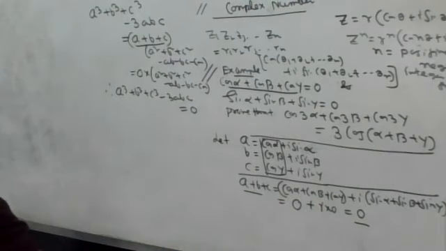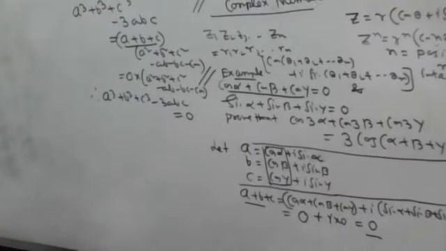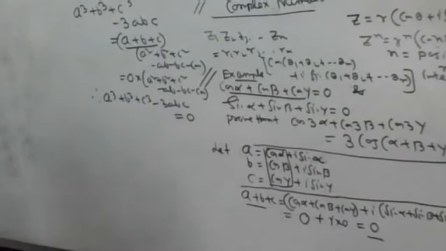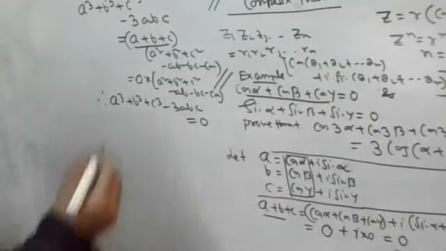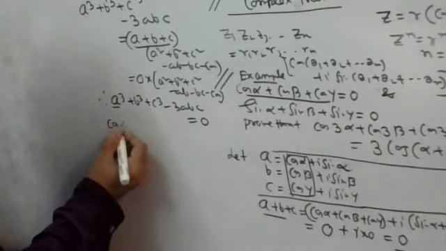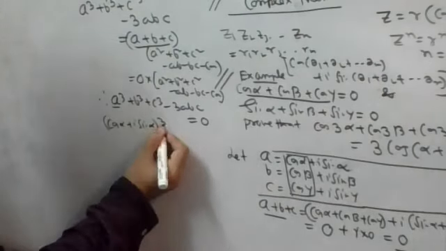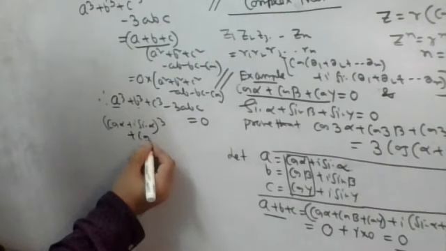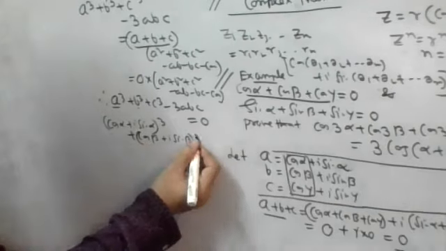Now your job is to put the values of A, B, C which you have assumed. In place of A, you write cos alpha plus i sin alpha whole cube. In place of B, cos beta plus i sin beta whole cube.